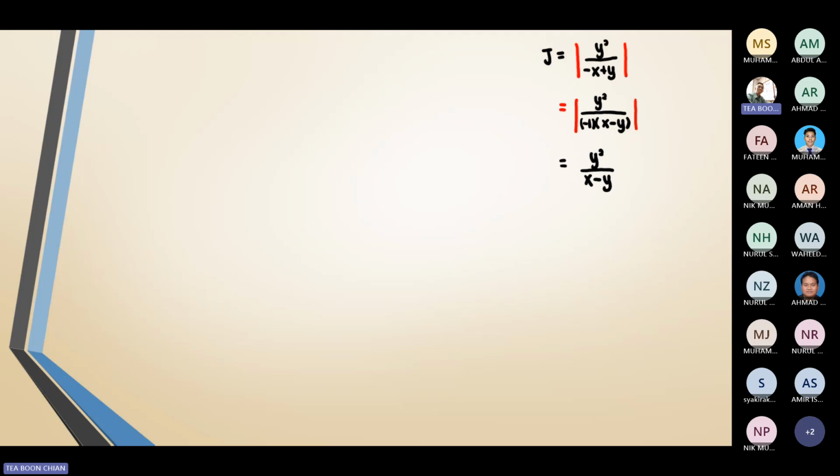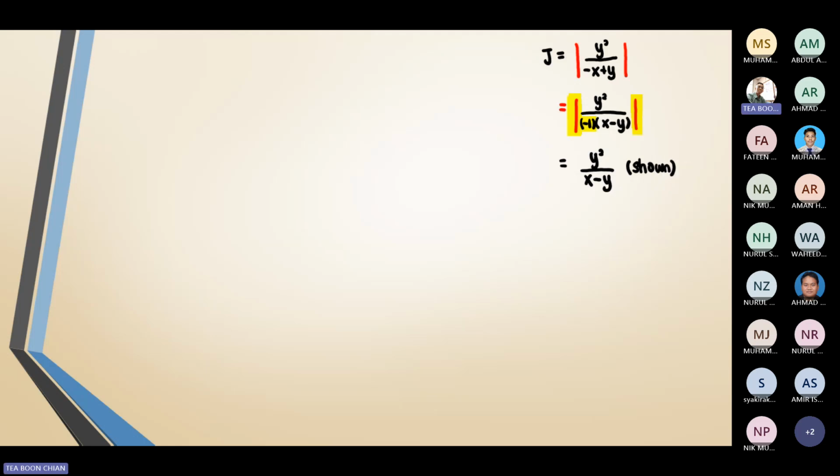I believe some of you may need a bit of time to actually understand this part. Let me highlight again. This negative 1, when you meet the modulus absolute gate, it disappeared because negative 1 becomes positive. So now, in the end, you have shown that the Jacobian is y squared over x minus y.